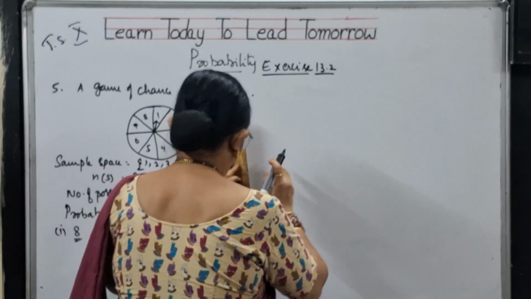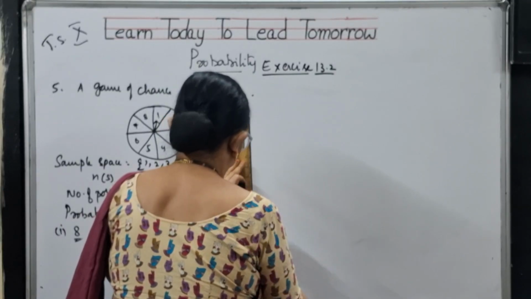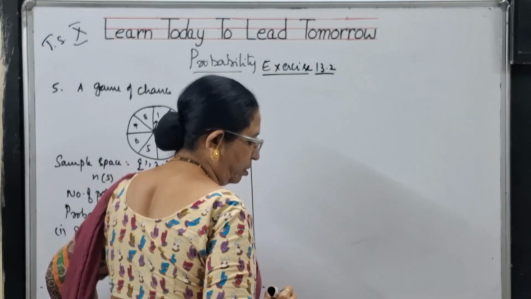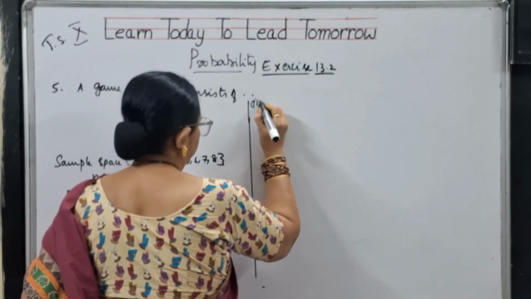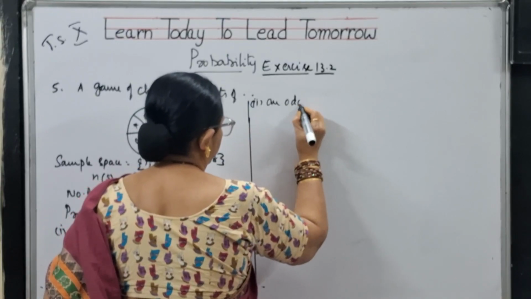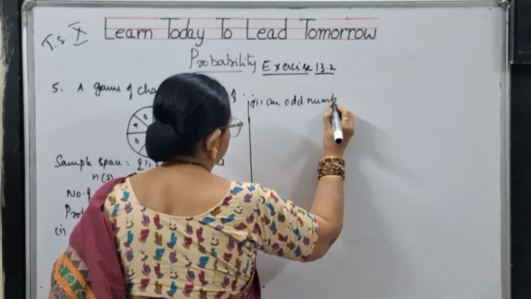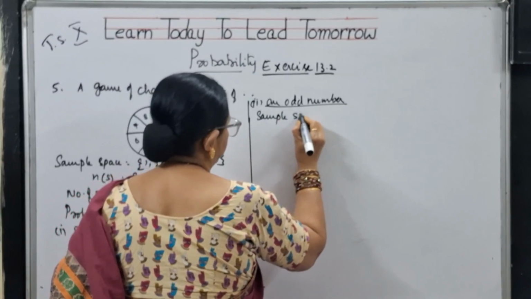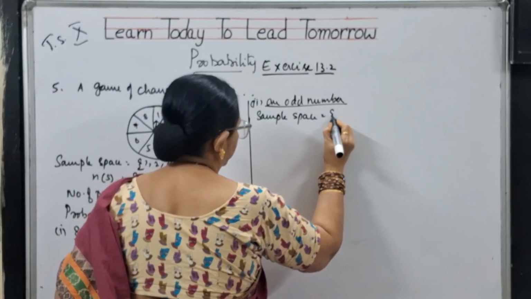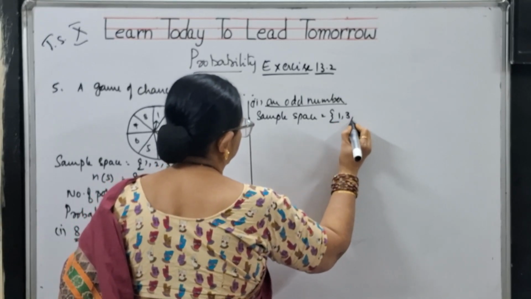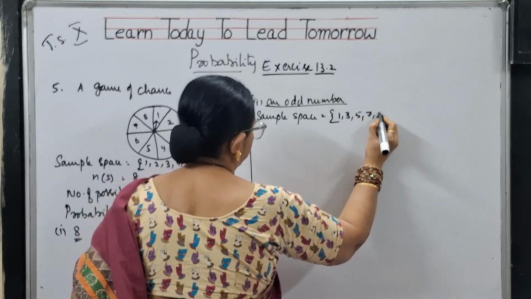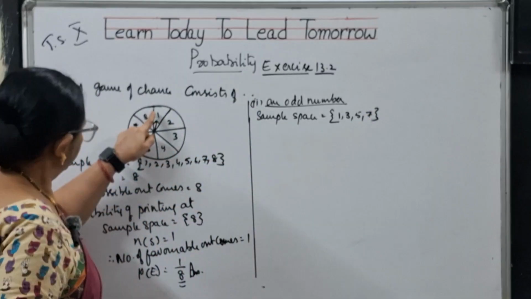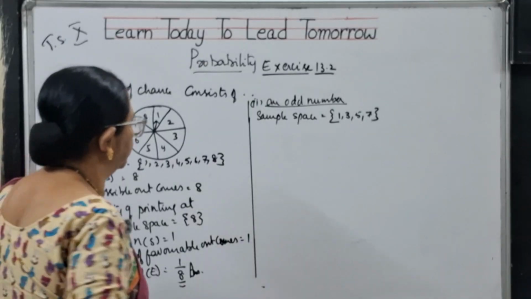Now, second bit. An odd number. So for this sample space, what are the odd numbers? You have got 1, 3, 5, 7. That's all. 1, 2, 3, 4 odd numbers are there.